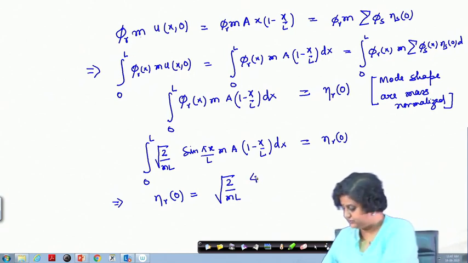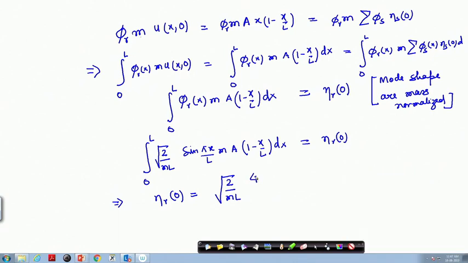Let me just see the expression. That is 4 m L cube into a by pi r cube, and equal to 0.